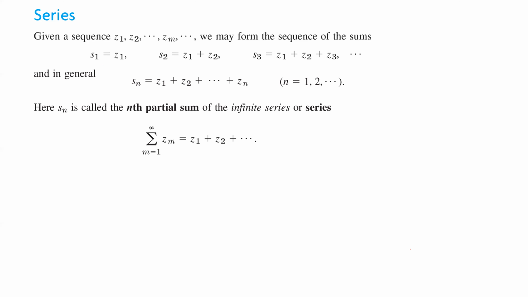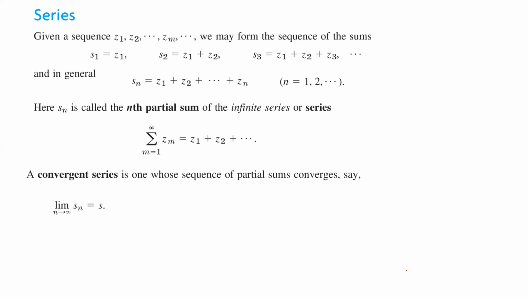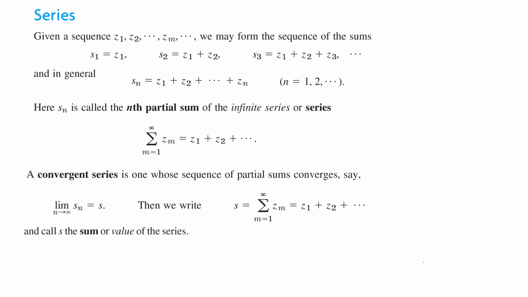And we write it like that: sum of m from 1 to infinity Zm is Z1 plus Z2 plus Z3 and so forth. A convergent series is one whose sequence of partial sums converges, meaning that this Sn converges. So limit of Sn becomes S. Then we write S equal to the sum of these Zm's, and call S the sum or value of the series.